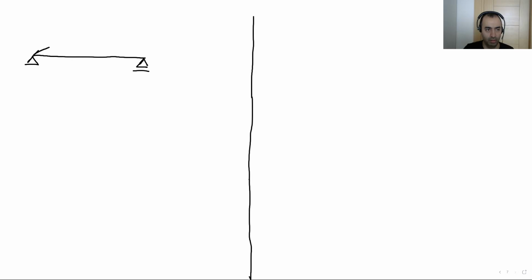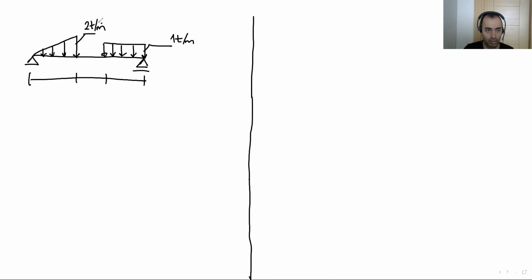We can put here a triangle distributed load, and this is 2 ton per meter, and here this 1 ton per meter, 2 ton per meter.